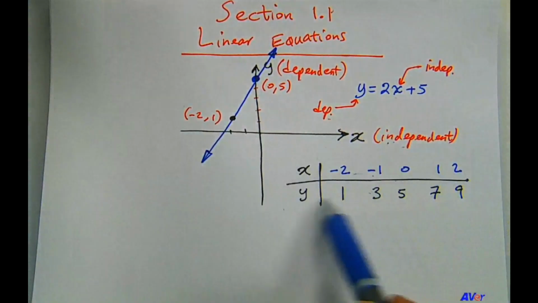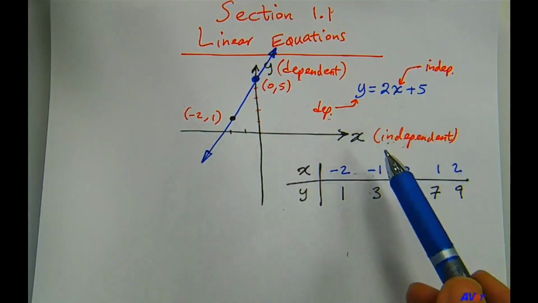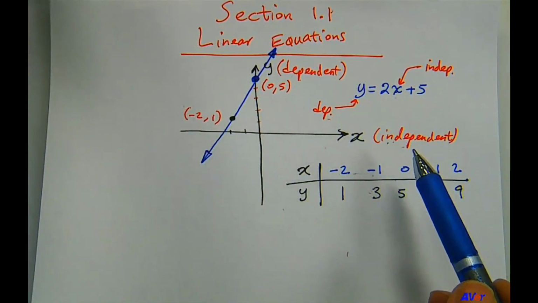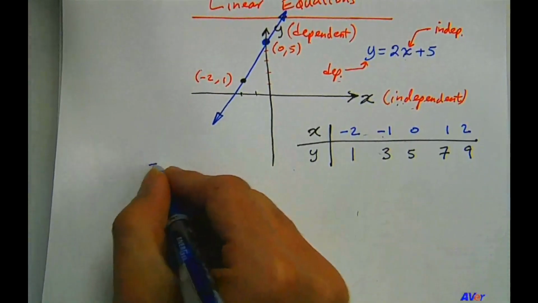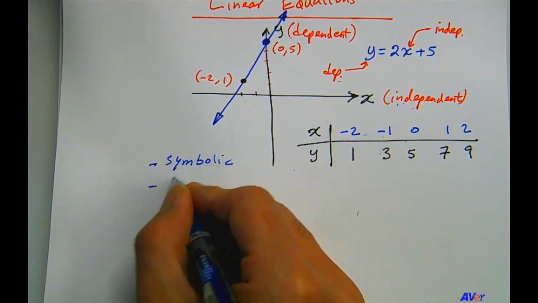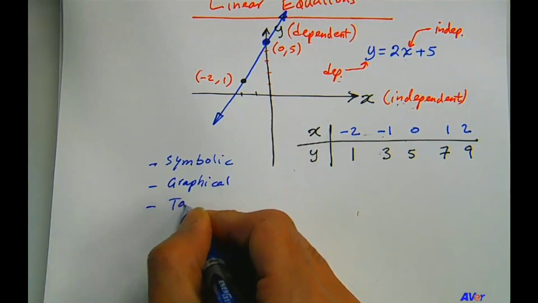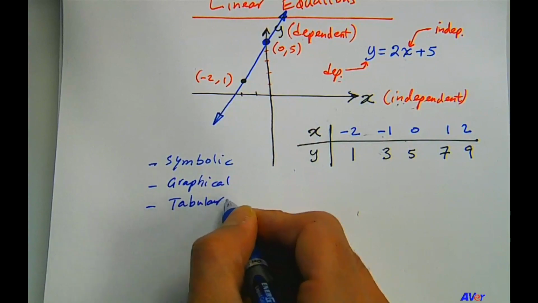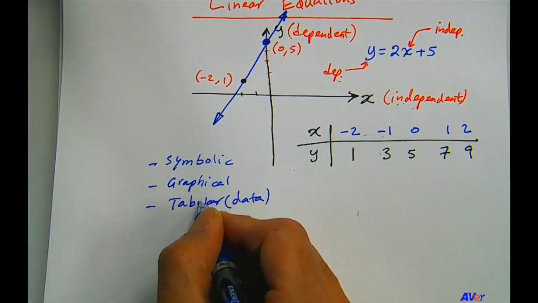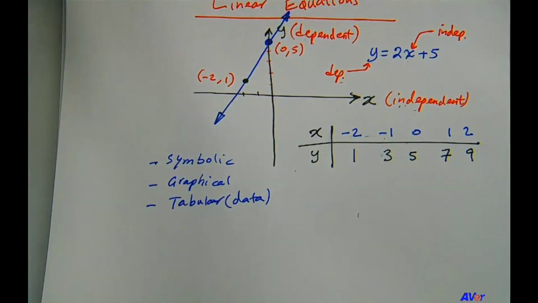This table is a data or tabular representation of that same idea, and this equation is the symbolic representation of that idea. So we have symbolic representation, graphical representation, and tabular, or let me call this data type representation, between the x and y, which are two variables.